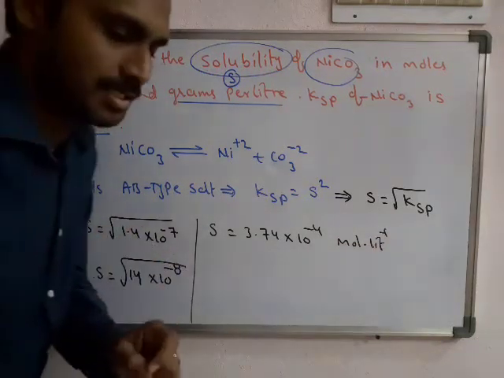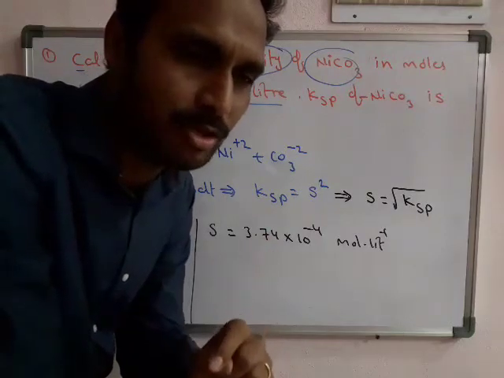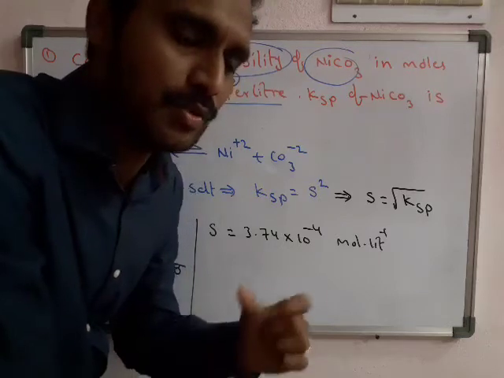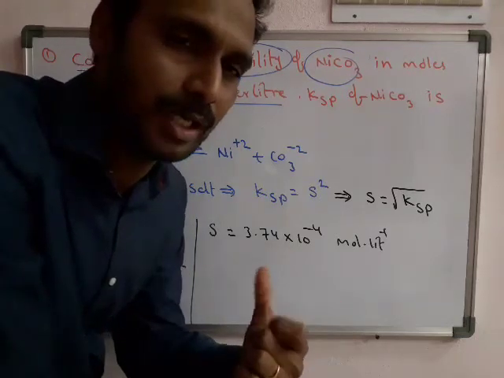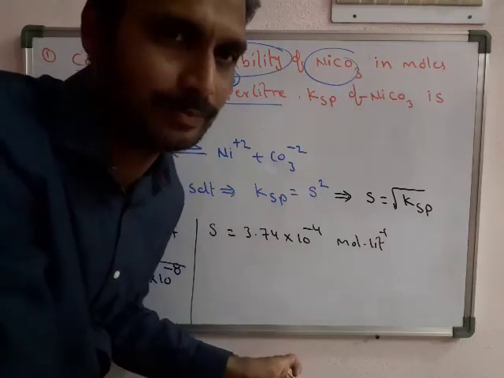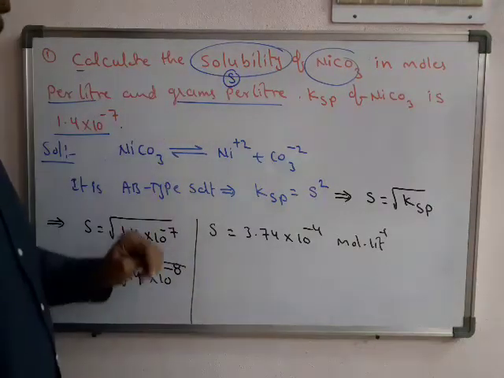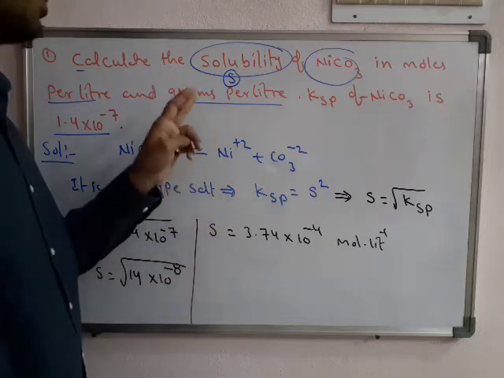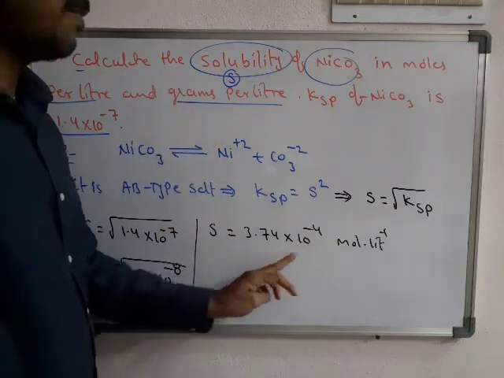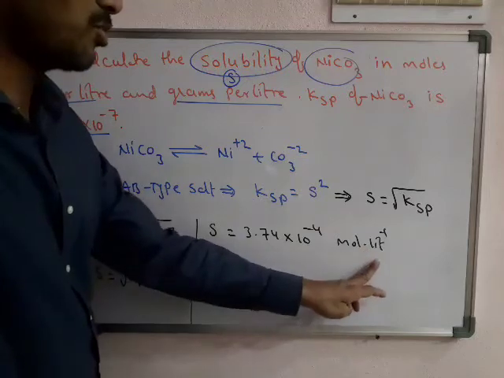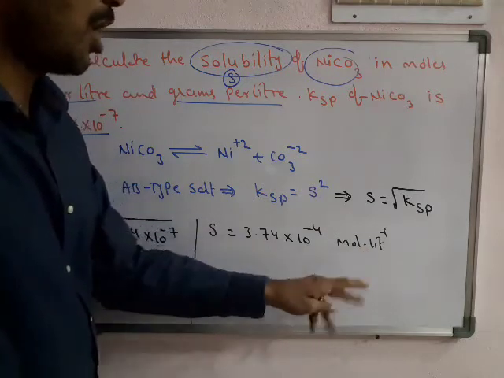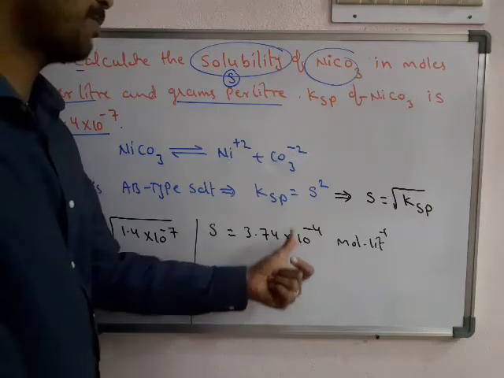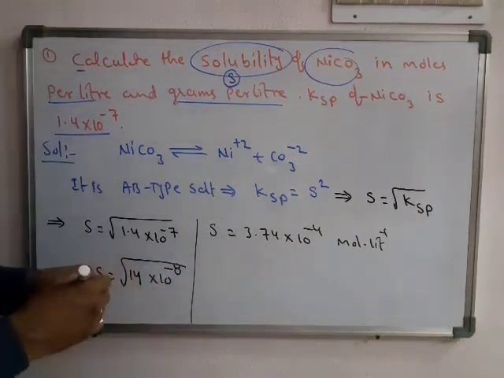With the help of the solubility product, we calculated the solubility of this salt in terms of moles per liter. In 1 liter of aqueous solution, 3.74 into 10 power minus 4 moles of salt can be dissolved. So this is the first answer.